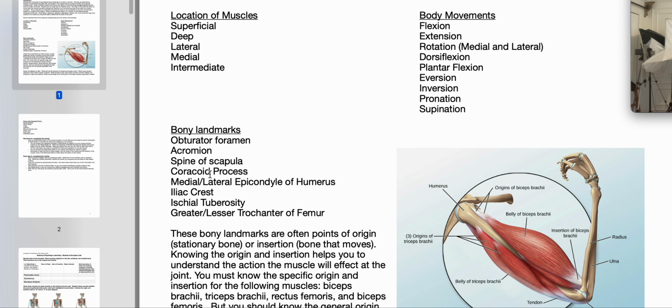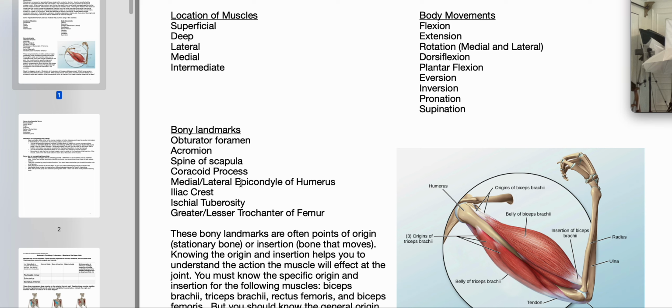I even pointed out some of the bony landmarks for you, and these might be connected to those 5 muscles that you have to know the insertion and origin for. So in your lab manual, there are 5 muscles that are asterisked, and you do need to know their insertion and origin. But you are not required to memorize the insertion and origin for all of the other muscles.